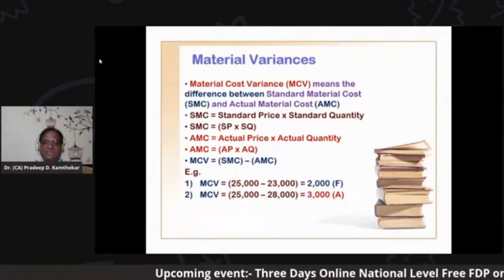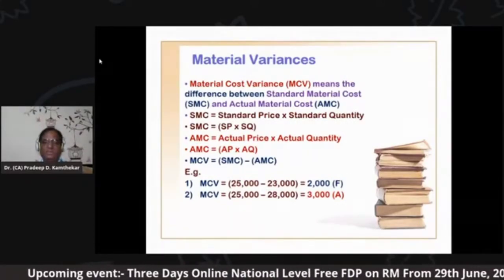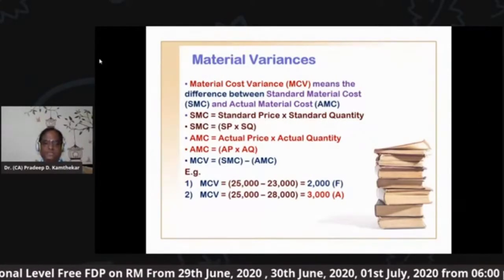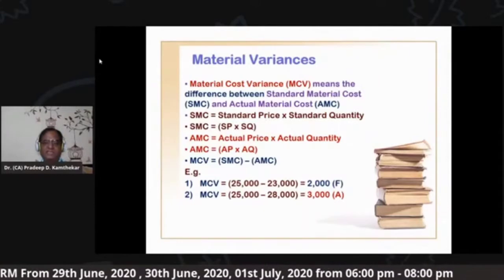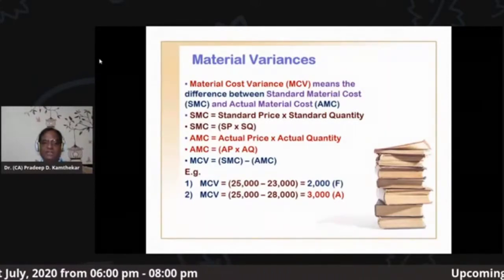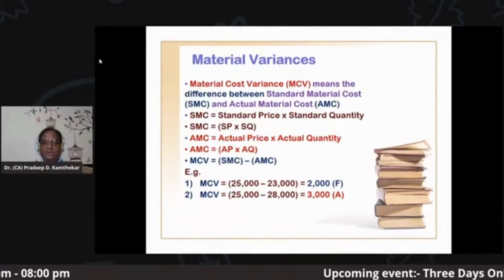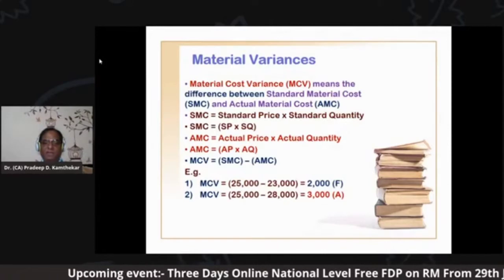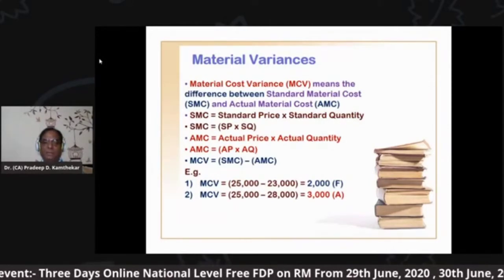To that extent the profit of the business must have increased. So it is a good sign, a positive difference, a favorable sign as far as the profit of the business is concerned. This positive difference we call a 2,000 variance, and since it is positive, we call it favorable. That's why in the bracket you find capital F.